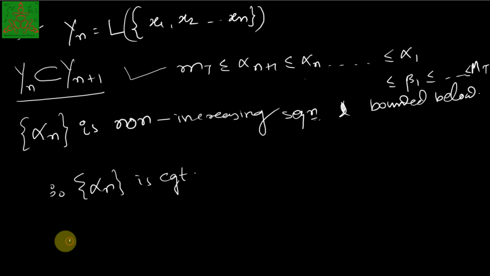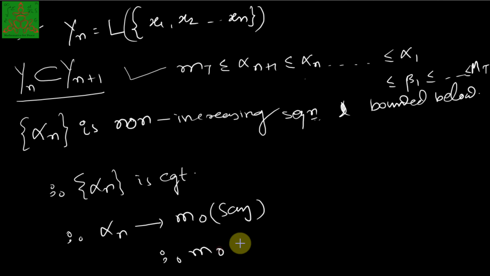Since it is convergent, let us say alpha n converges to m0. Now it is clear that small mt, which is the infimum of values in the numerical range, and this m0, which alpha n converges to, where alpha n is some finite value, so it is clear that m0 is always bigger than or equal to small mt. Now we need to prove the reverse side.